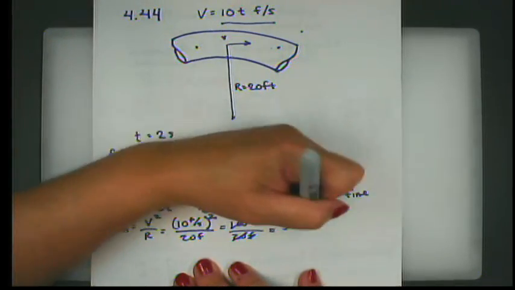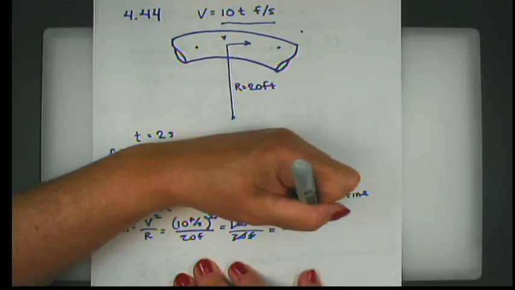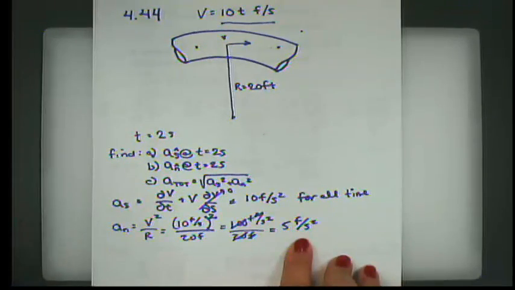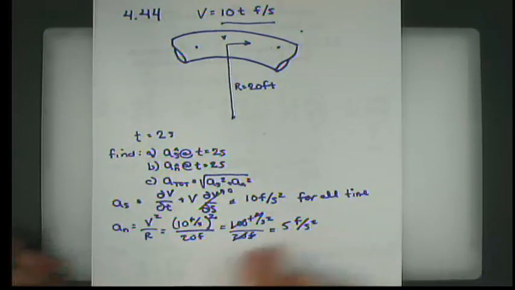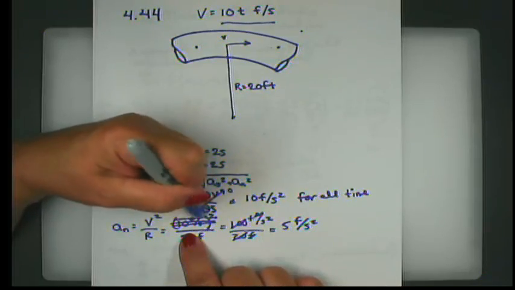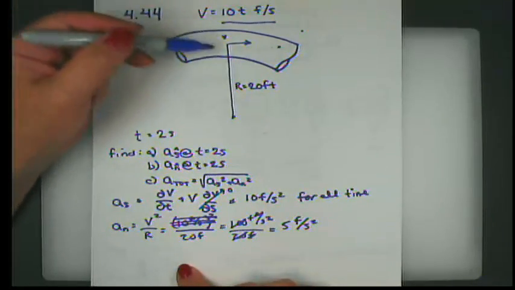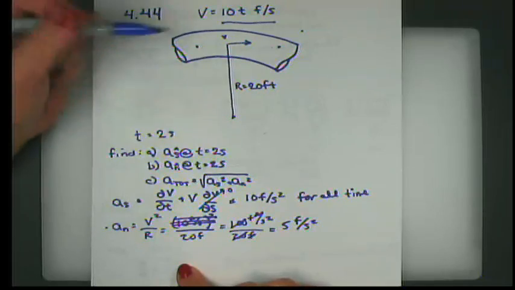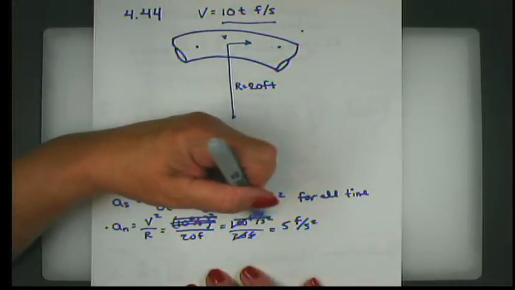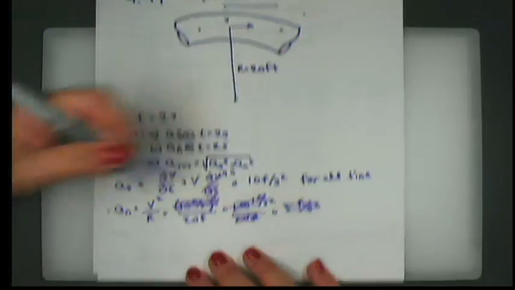Feet goes into feet squared, feet per second squared. So we have that our normal acceleration is 5. Oh, you know what? That's not right. I plugged in the wrong value here. I apologize. And it does make sense that the normal acceleration is going to be changing because the velocity is changing, so it's a function of velocity. Excuse me, let me start over.